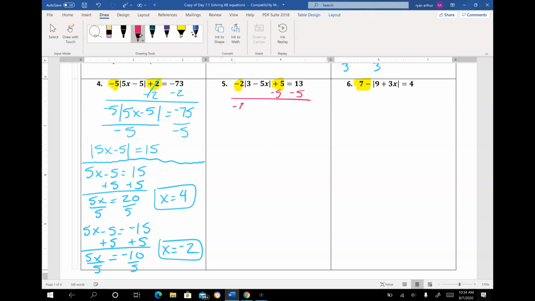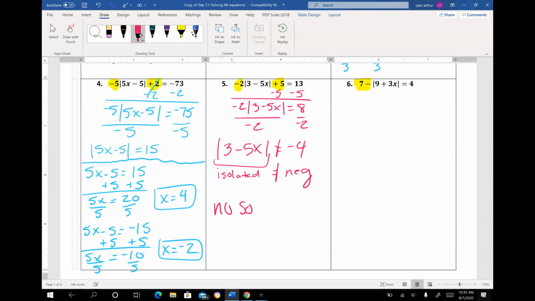So we have -2 times the absolute value of 3 minus 5x is equal to 8. Then we're going to divide by the -2. And that's going to give us the absolute value of 3 minus 5x equals -4. Again, this is isolated, and it's equal to a negative. That cannot happen, so this is a no solution. Okay?